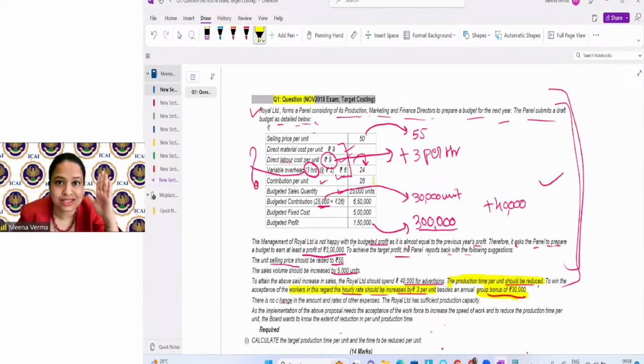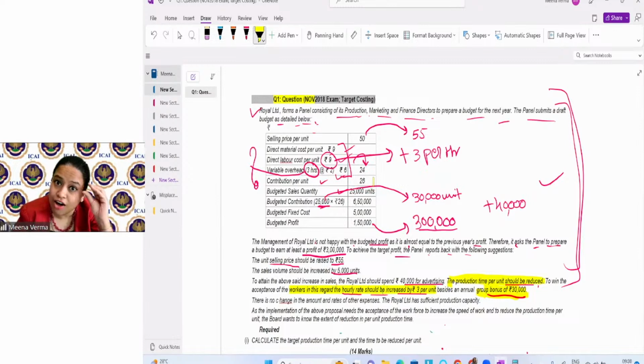We have studied this in CA Inter. When the labor works efficiently and takes less time to do some work, what will happen? He is efficient, he will save other resources. Why do we want our labor to be efficient? Because if your labor is efficient, instead of 3 hours, he will complete the same task in 2.5 hours, he will save half an hour.